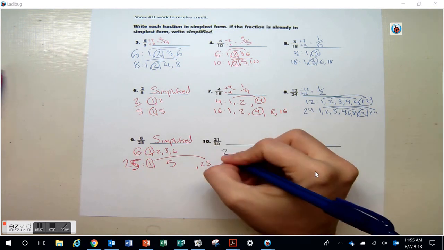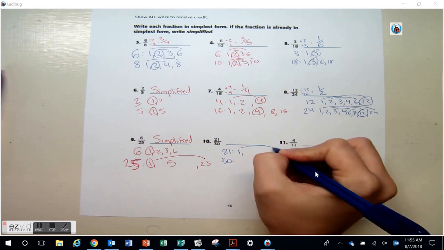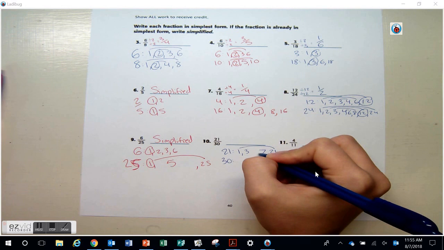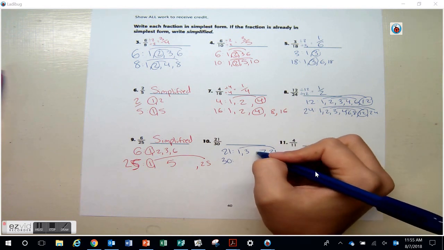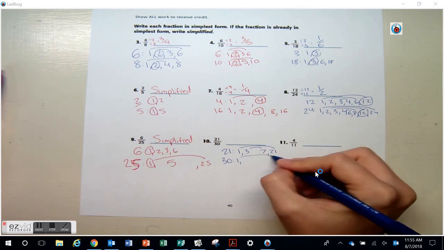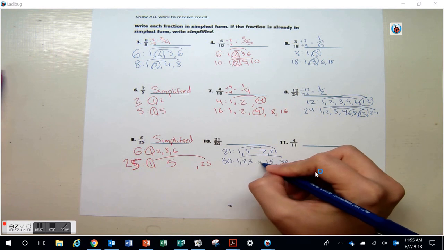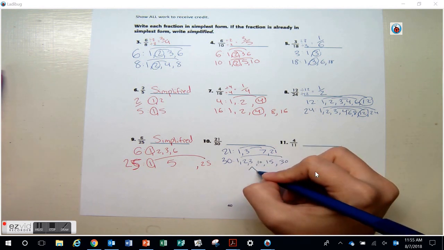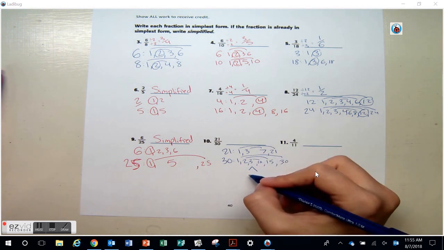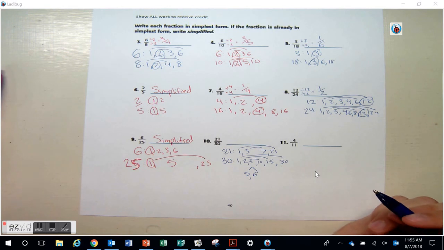Look at number 10, the factors of 21 and 30. 21, we have 1, 21. 2, no. 3, yes. 3 times 7. 4, no. 5, no. 6, no. So we're done there. 1 times 30. 2 times 15, 3 times 10, 4, no, 5, yes, 5 times 6, and we're back in the middle.